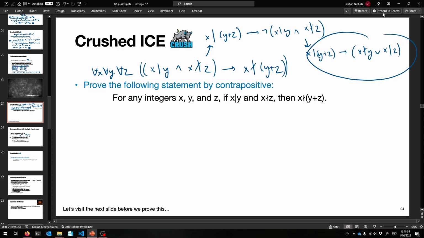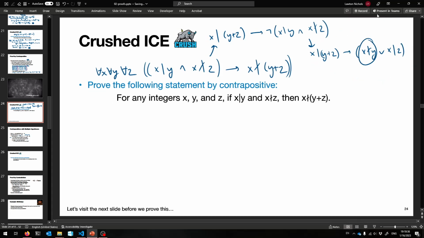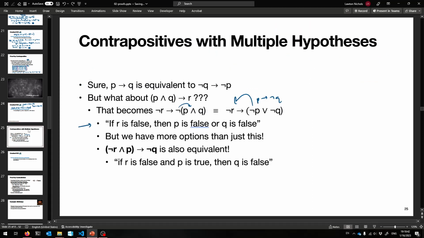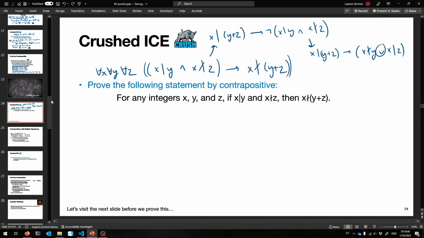This is the contrapositive, but we still have a not divides, and that doesn't really help us at all. We would like to make that a divides if possible. The trick that I just showed you is we can bring that back, because we have an or here. We can bring its negated form back into the hypothesis.